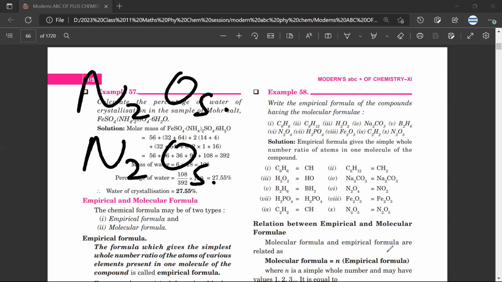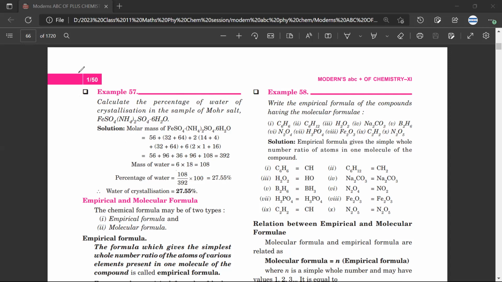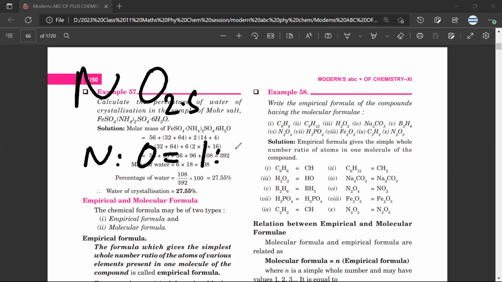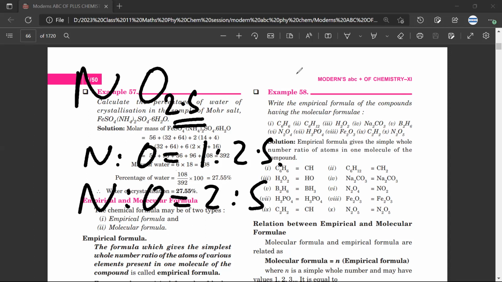There will be times when your ratio of nitrogen to oxygen comes to be 1:2.5. Now an atom can't be in the form of 2.5, so that is why the ratio has to be written as 2:5. Is it making sense? We'll do examples, don't worry.